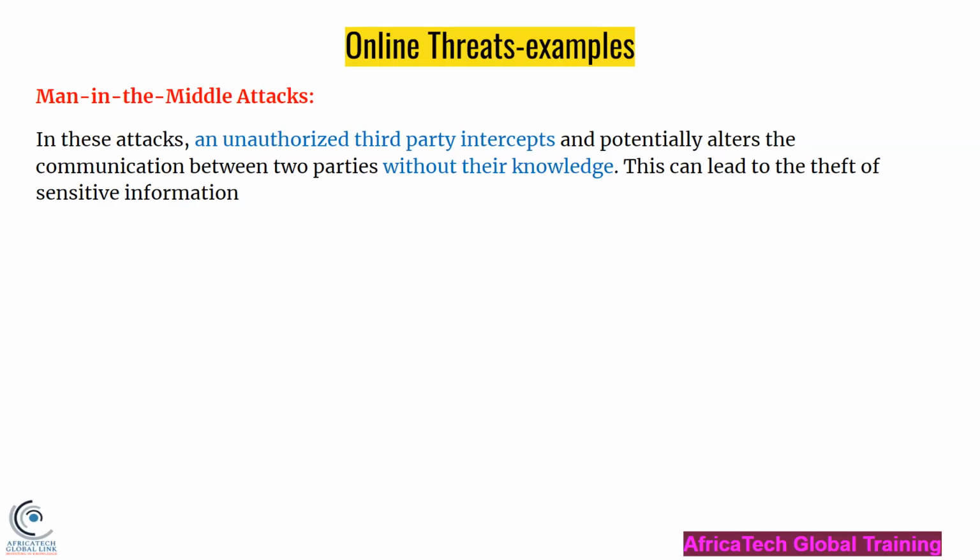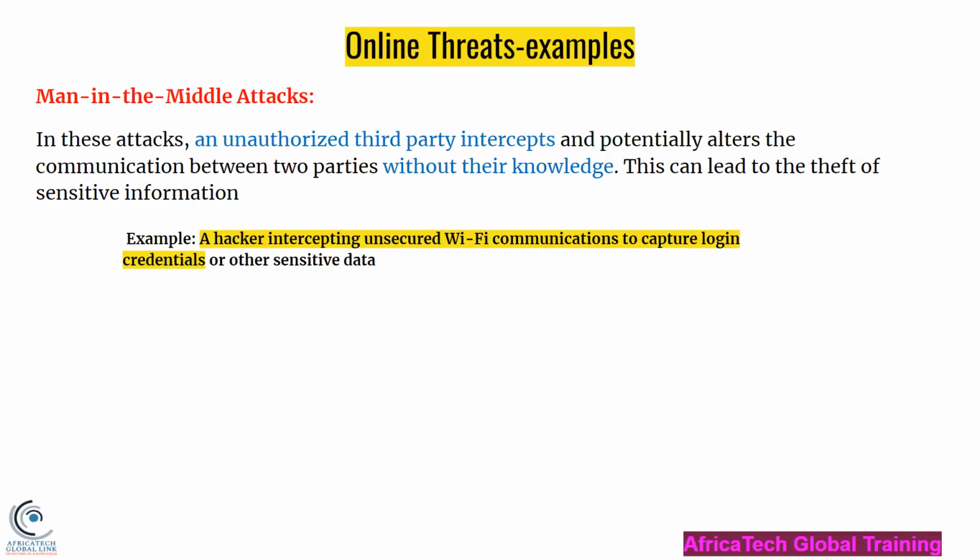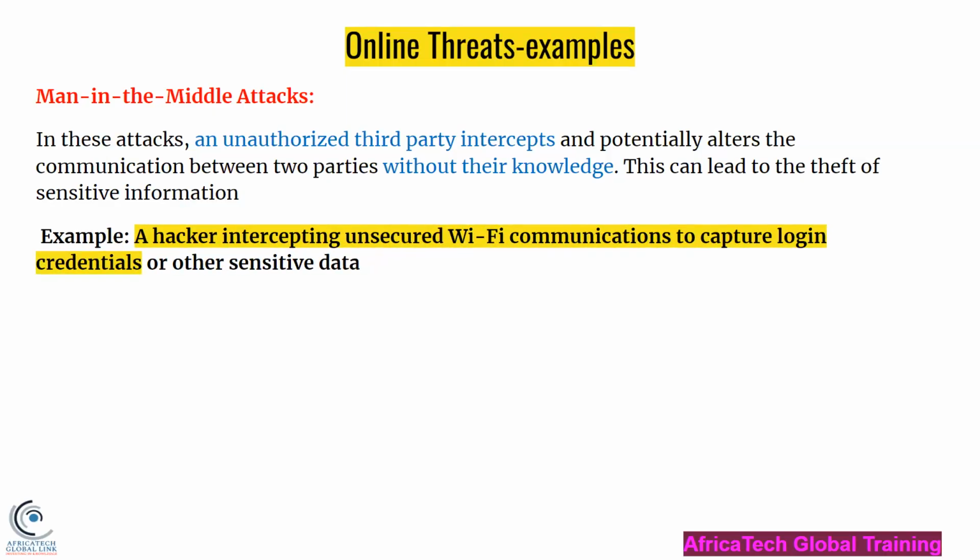So this is an online threat example: a hacker intercepting unsecured Wi-Fi communication to capture login credentials or other sensitive data. So even when you are logging in, he knows what website you went to, and when you put in your username, he's capturing everything, you know.